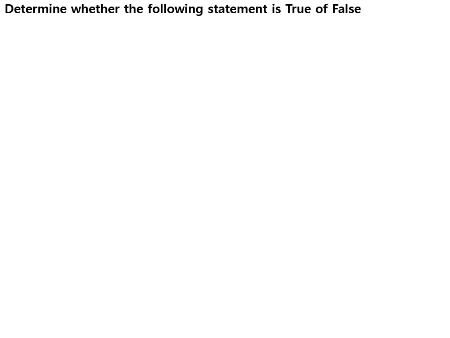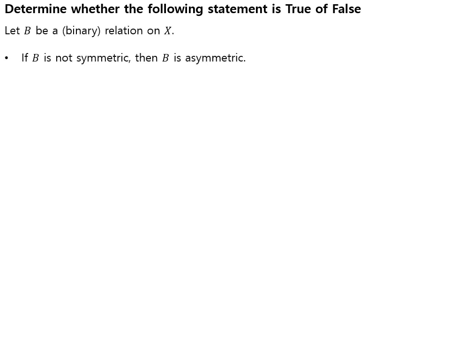Okay. So now consider the statement. Suppose that the binary relation is not symmetric. So it is not symmetric. Does this imply that the binary relation is asymmetric? Okay. So again, if you're confused about this, it is always best to work with the definition and see precisely what it entails.